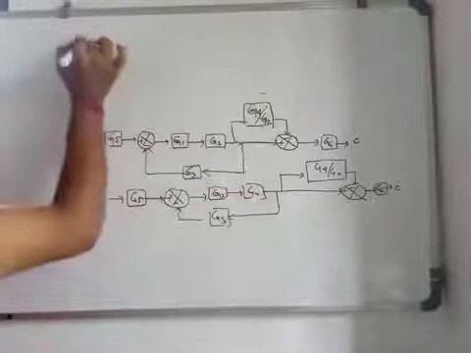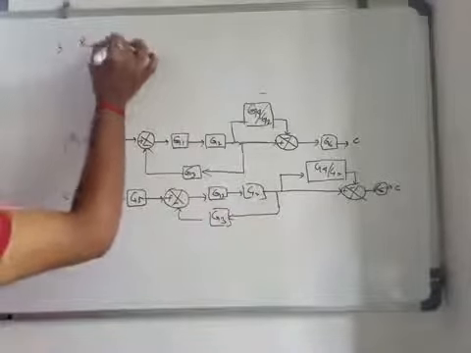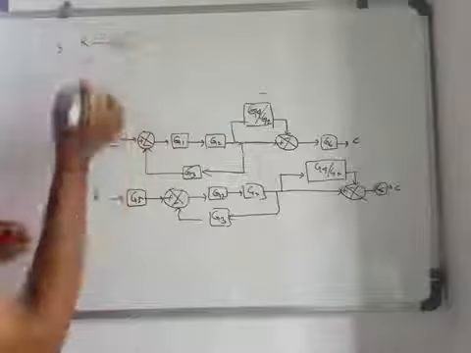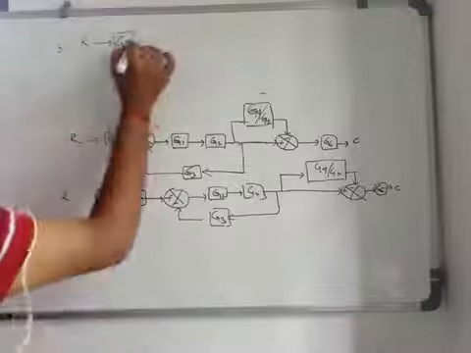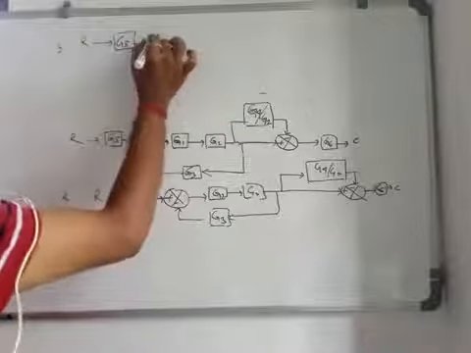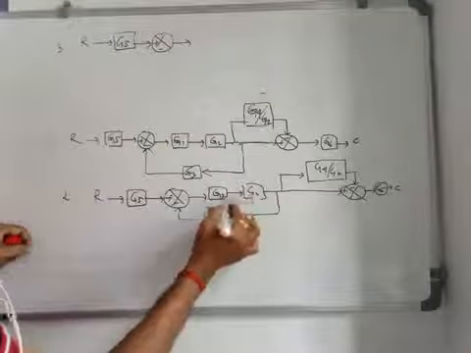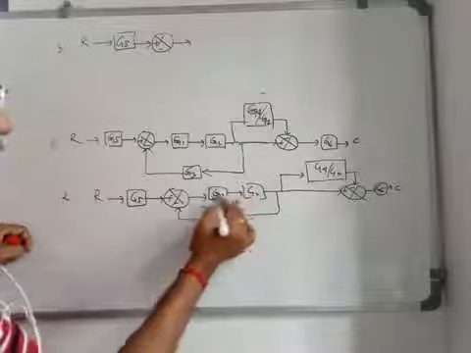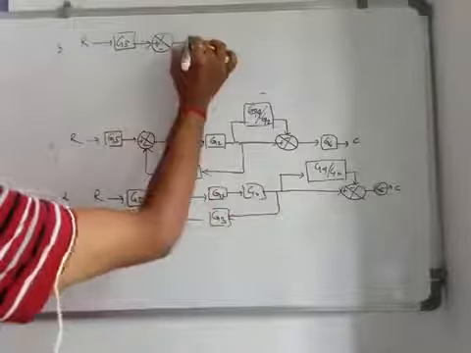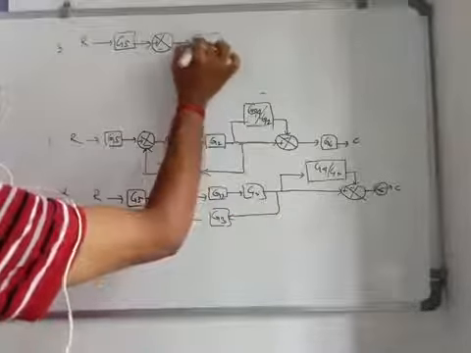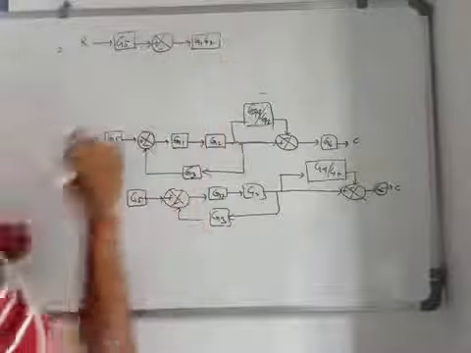That means this will be R, this will be G5, and next this will be the error block. Next these two are in cascade connection. That means G1 and G2 are in series, so the reduced block will be equal to G1 and G2, right?